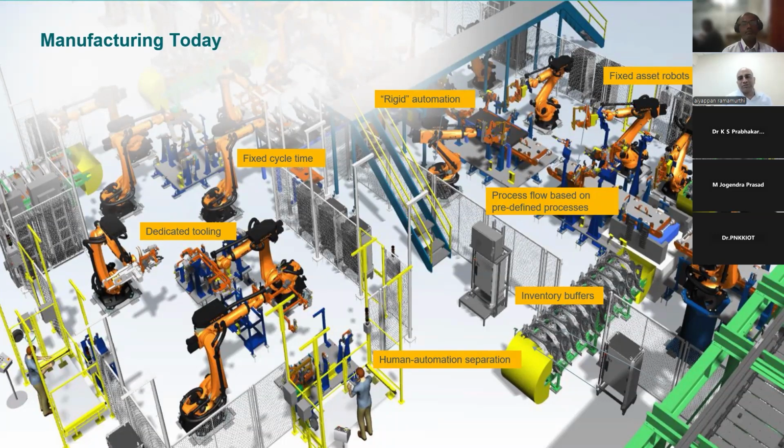Then what happens to this plant? It becomes very complex when you have completely automated everything. The moment the design changes, how well is this plant going to accept the new design? Are you going to create another plant, or make changes to the existing plant with that level of automation?